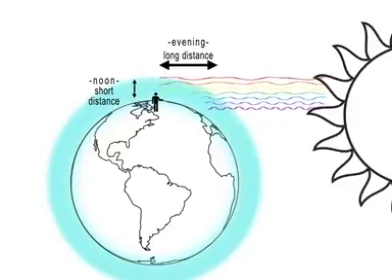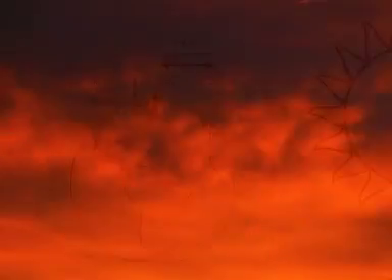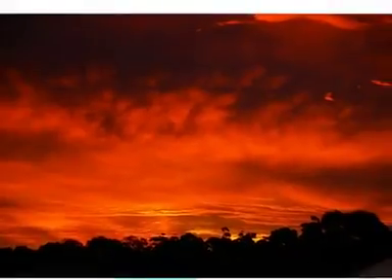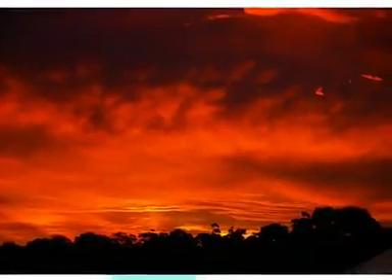But almost all of the longest wavelengths make it through all that atmosphere. The reds and yellows are transmitted to your eye, while much of the other colors are reflected off. Plus, if there is extra dust or smoke particles in the sky, these will add to the red effect.